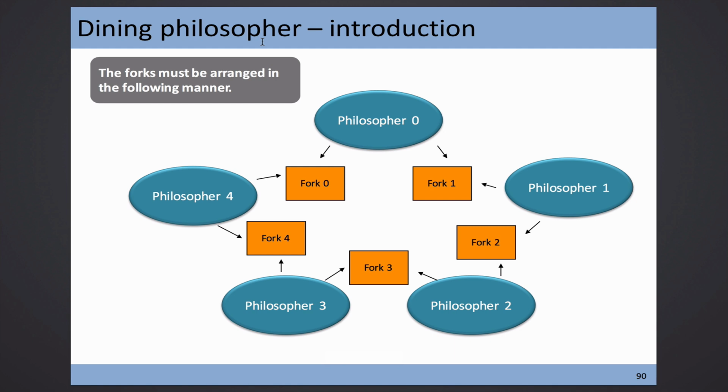And this guy, number 2, needs forks 2 and 3, so it is its number plus 1. And how about number 4? Its number plus 1 modulo n. 4 plus 1 is 5, and we have 5 forks, so 5 % 5 is 0. So this is modular arithmetic only. Okay, so get this idea.